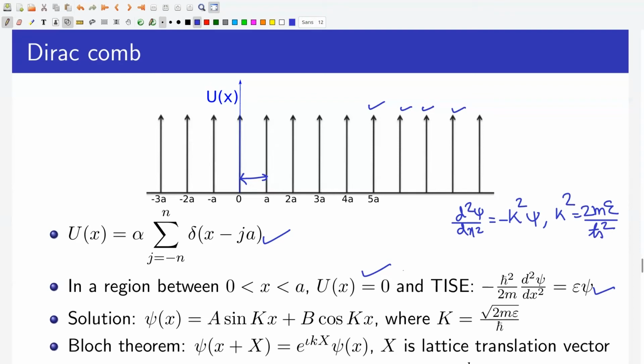The solution of the time-independent Schrodinger equation is psi of x is equal to A sin kx plus B cos kx, where k is given by this.